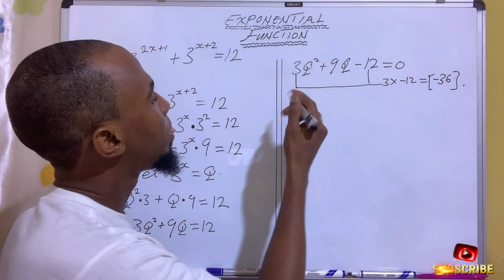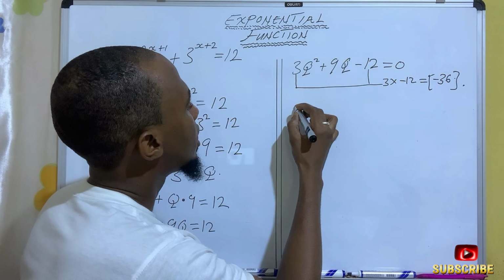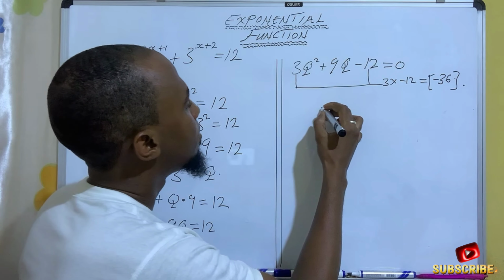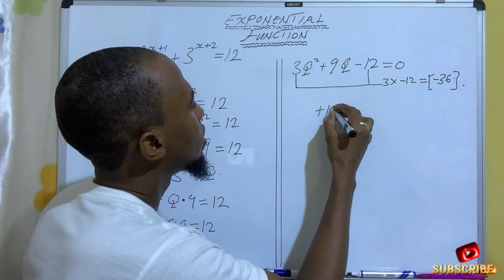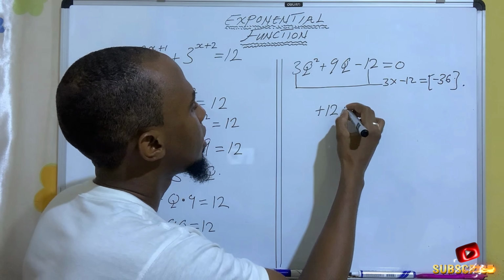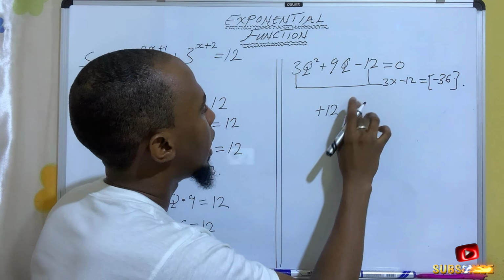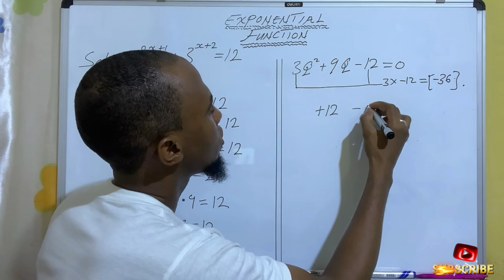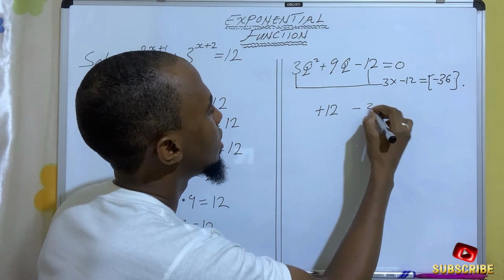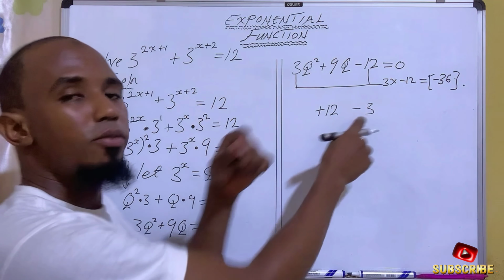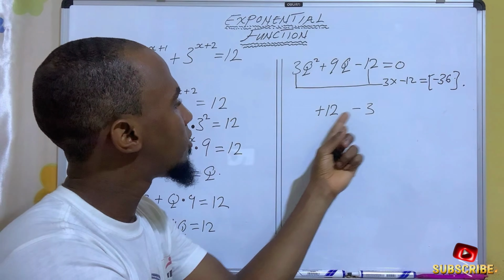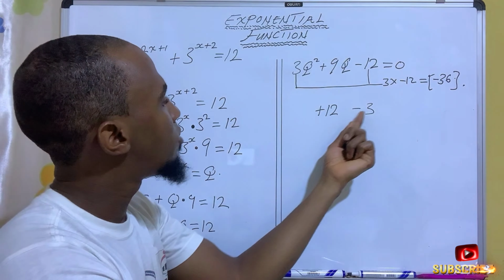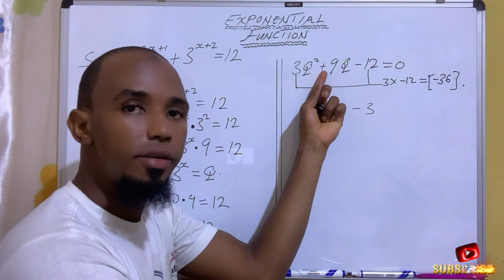So the two numbers are plus 12 and minus 3. Now plus 12 times minus 3 is minus 36, and plus 12 minus 3 is going to give you positive 9.